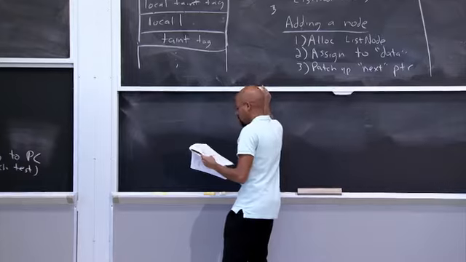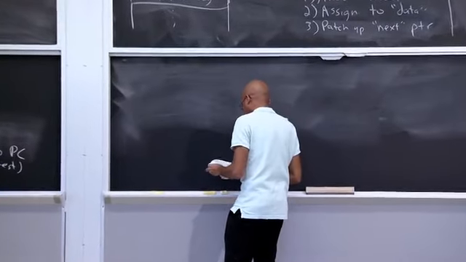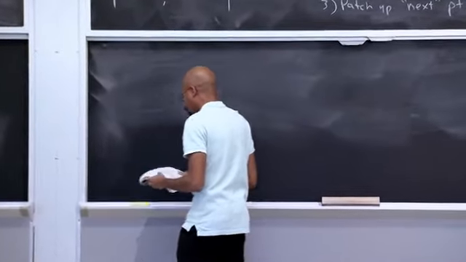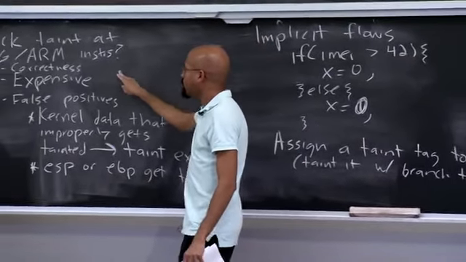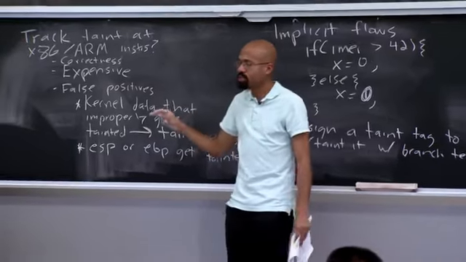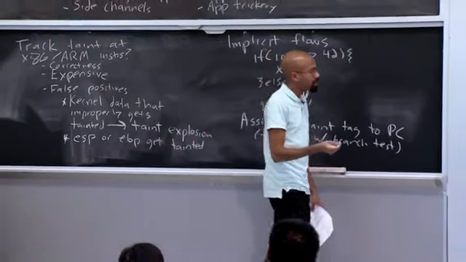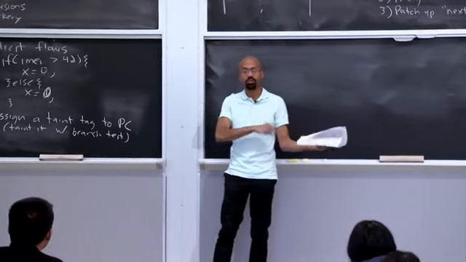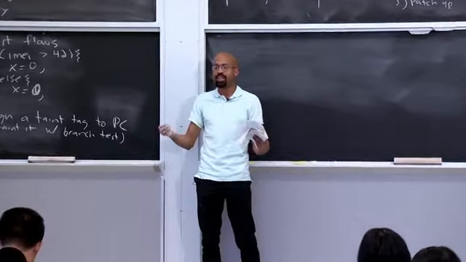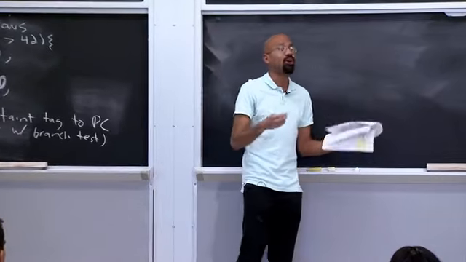Let's see. And so yeah, we talked about how you might be able to taint at this very low level. Even though that might be expensive, one reason why it might be useful is because it will allow you to see what your data lifetimes look like. A couple lectures ago, we talked about the fact that a lot of times key data, for example, will live in memory longer than you think it should.